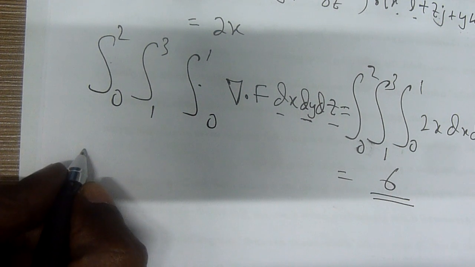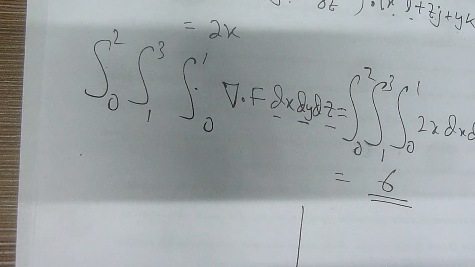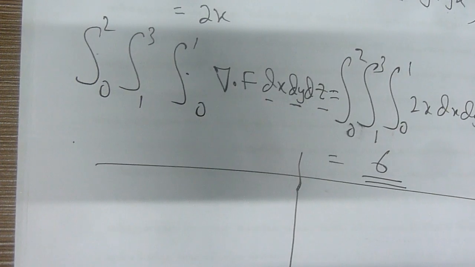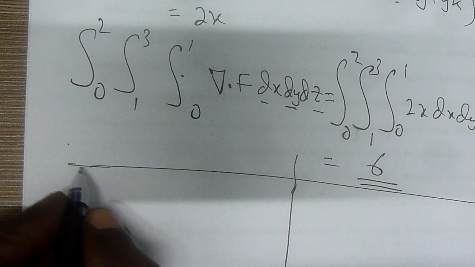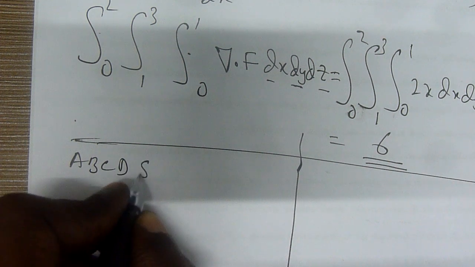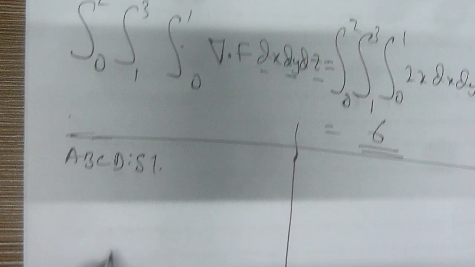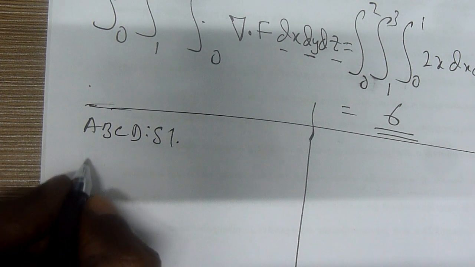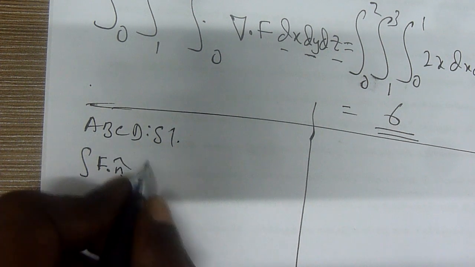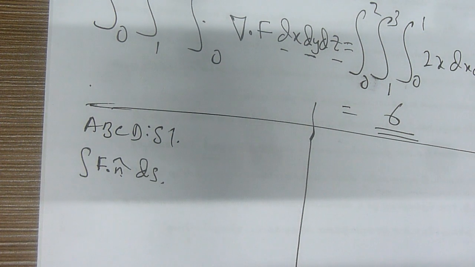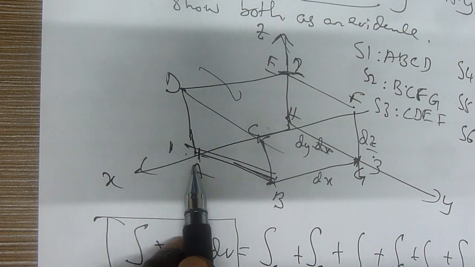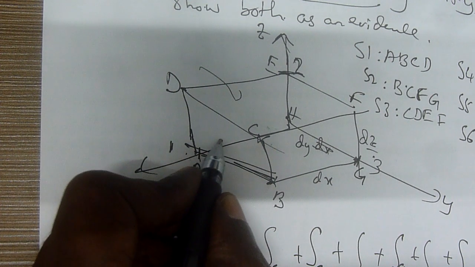First, let me divide this to make it a little bit faster. The battery is an issue here. Let me copy this. We want to get S1, in order to calculate F dot n dS for A, B, C, D. What is the surface?